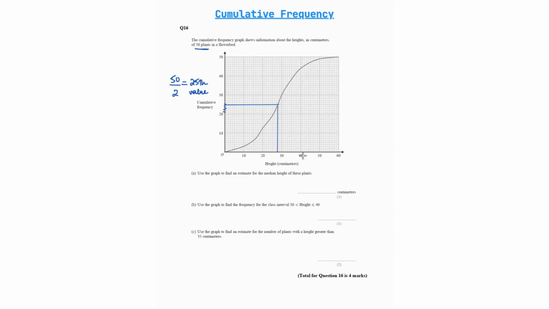So that's 28. 28 centimeters is your median height. Then it says use the graph to find the frequency for the class interval 30 to 40. So 30 to 40 is basically given from here to here. So what we do is we draw lines from 30 and 40 towards the graph.